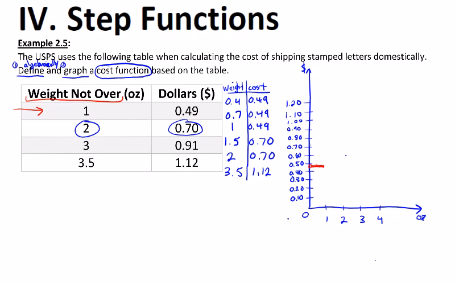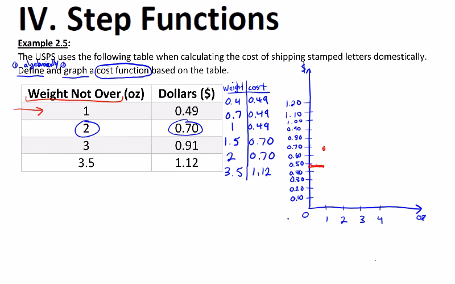that I pulled from the U.S. Postal Service website. So going to the second row, we're looking at all of the weights that would map to 70 cents. What's going to cost 70 cents? Well, the easiest way to do this is to go to the end of the 49 cent line and go straight up from there until you get to 70, and you're going to mark an open circle right there.